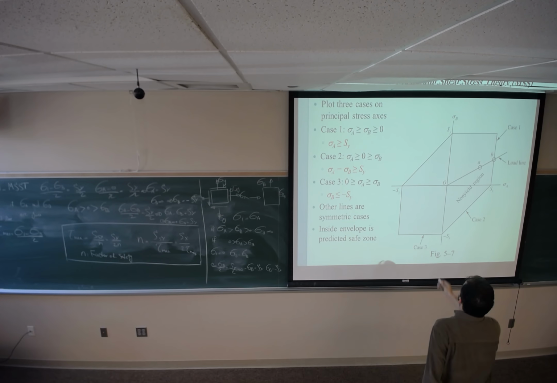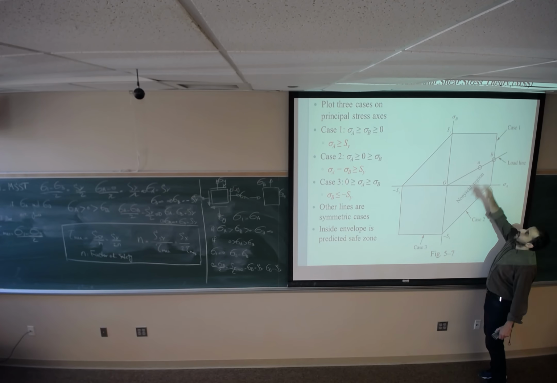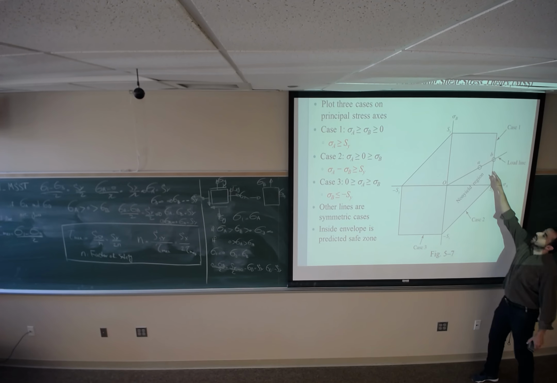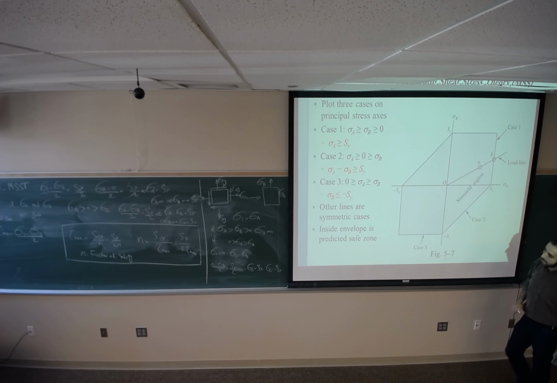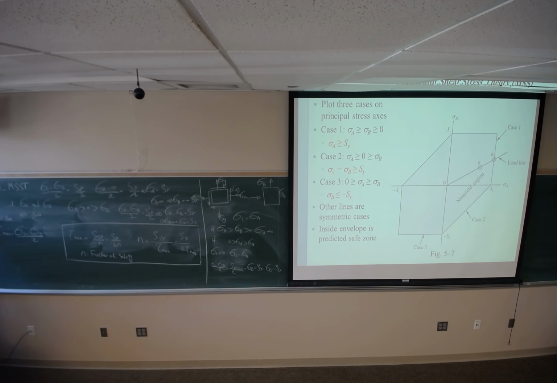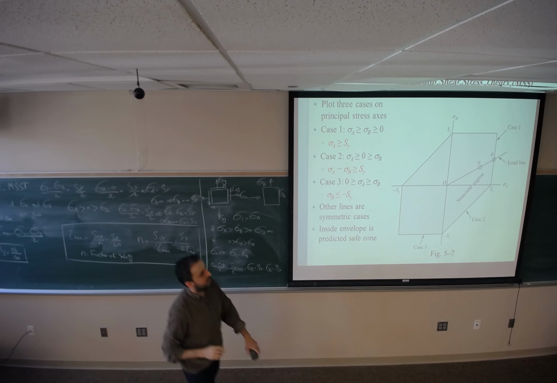So if you extend this line, it's going to hit this vertical line at point B. So we can prove that the factor of safety is going to be equal to OB divided by OA.